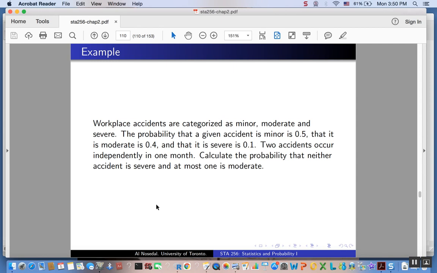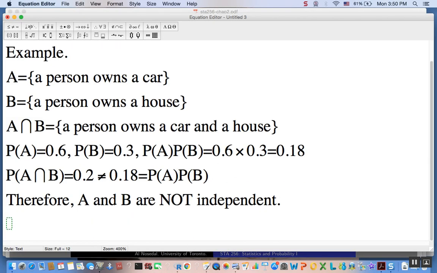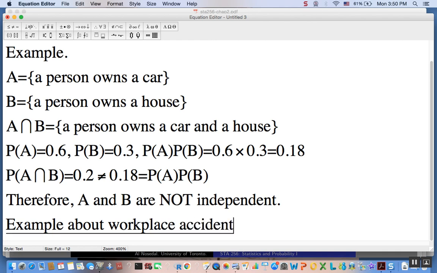An example about workplace accidents. Homework. Give it a shot. It isn't that hard, but I want you to give it a shot.